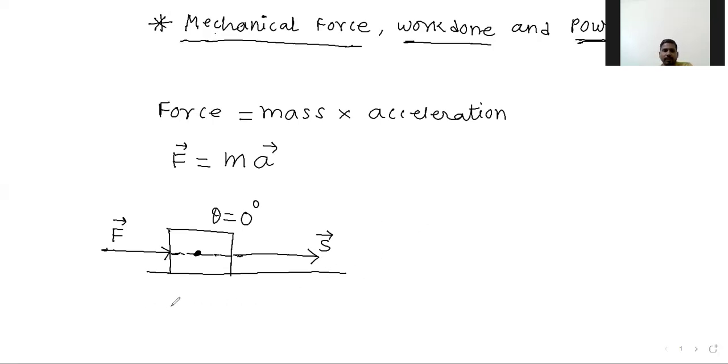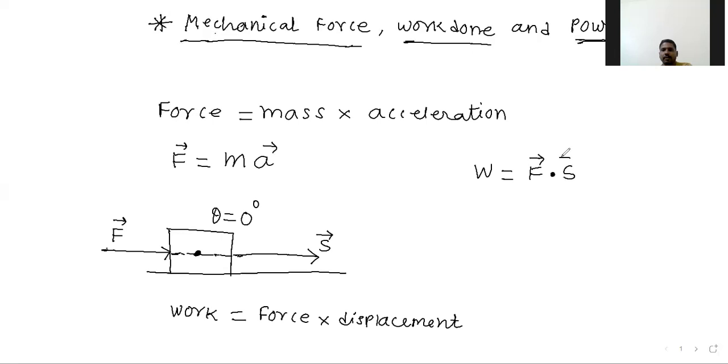Now to calculate the work done, we know the formula. Work is the product of force acting on a body into displacement of the body. So we can write work W is the dot product of force F vector and displacement S vector, or scalar product.